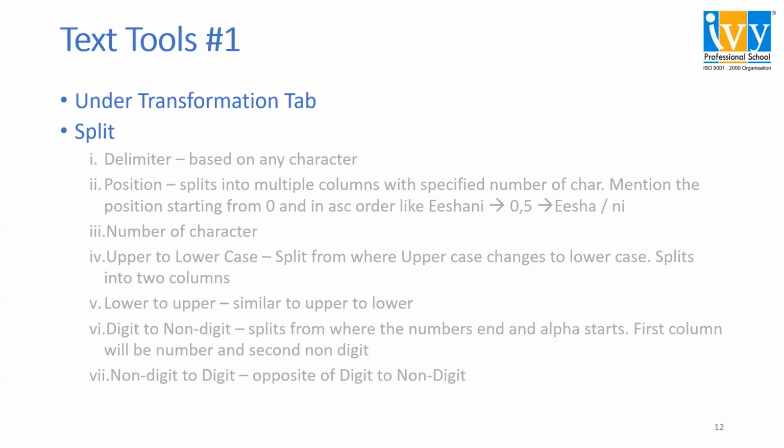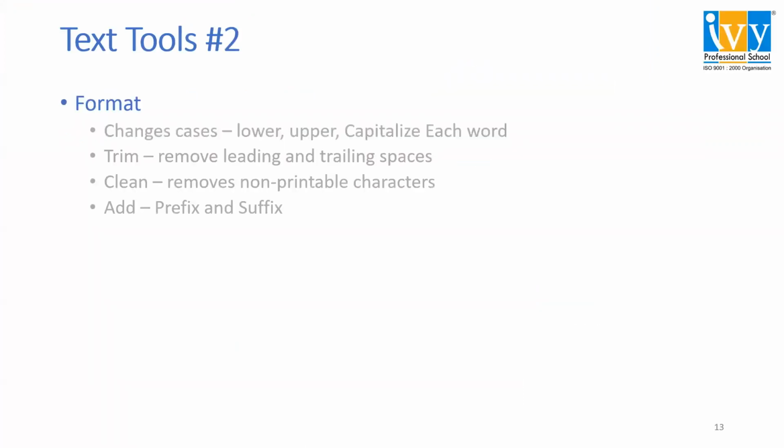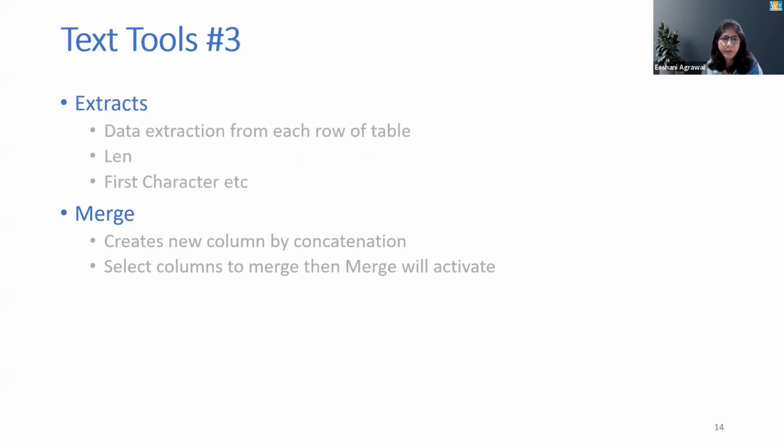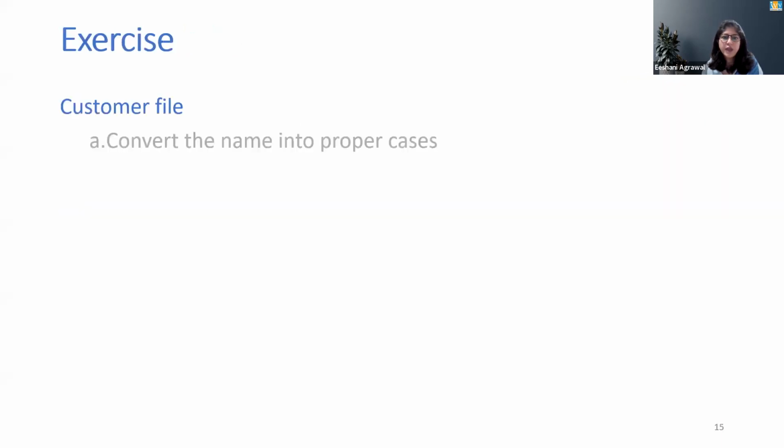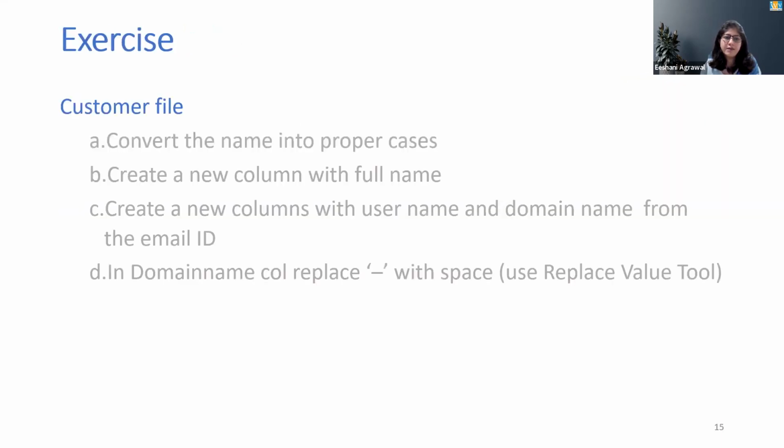Yes, Shani. I will put this PPT up here. Let's try to do one or two questions. So in the customer file, let's do this and then only we'll stop the class today. Convert the name to proper case. Number 1, create a new column with the full name.